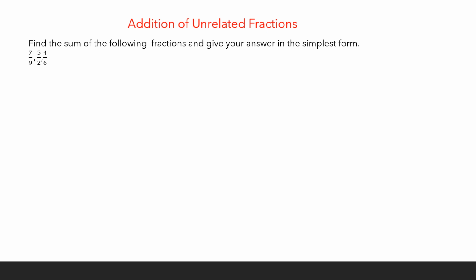To find the LCM, I need to list the multiples of our denominators. So let's first write the multiples of 2. What are the multiples of 2? 2 itself, then 4, 6, 8, 10, 12, 14, 16, 18, and 20.